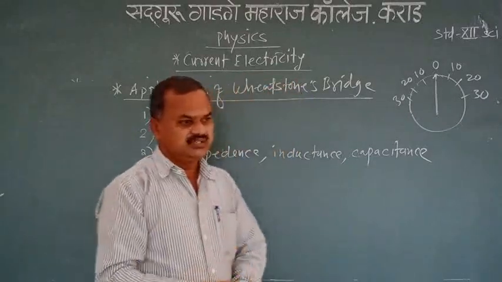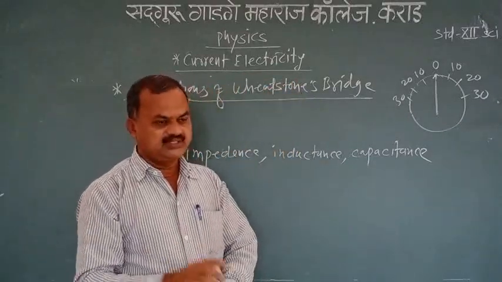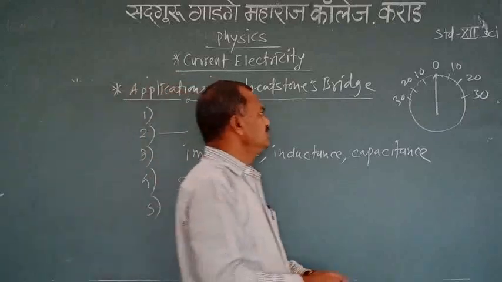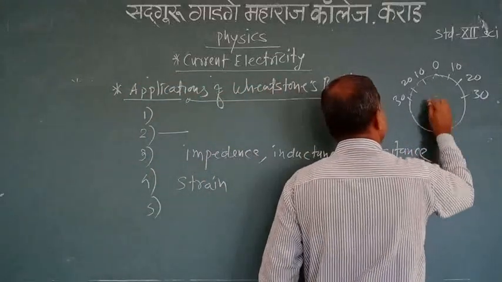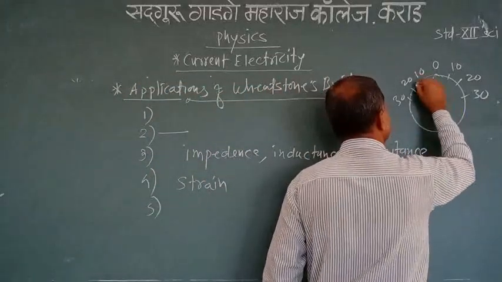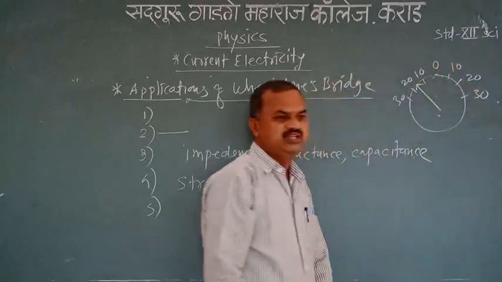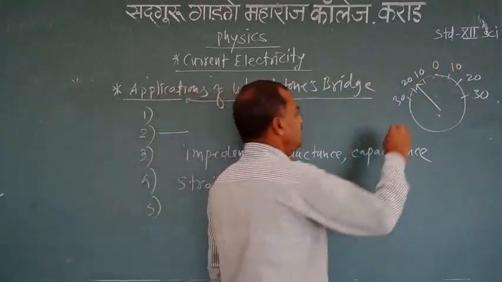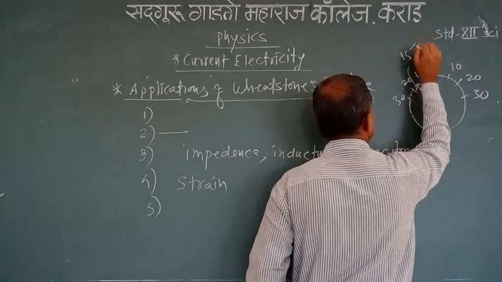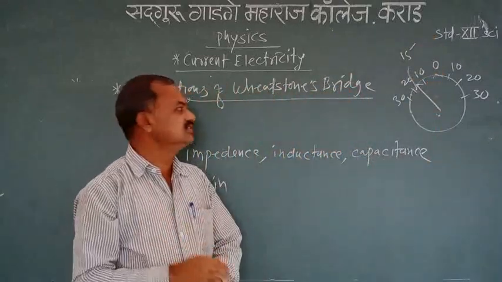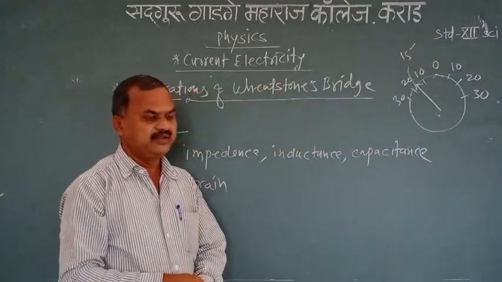Without touching the jockey on the wire, adjust the rheostat such that the pointer shows some deflection between 10 divisions to 20 divisions. Suppose that deflection is 15 divisions without touching the jockey along the wire.